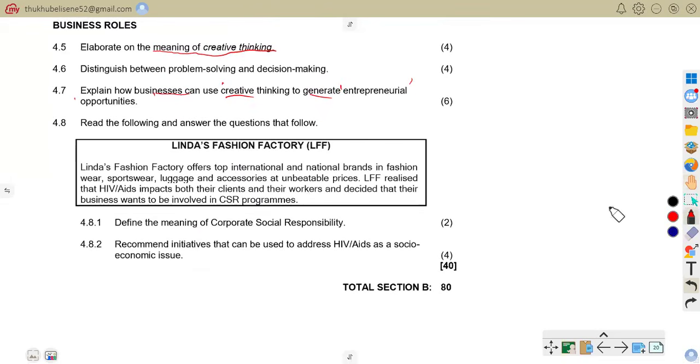They can do that by making sure that they develop innovative solutions, by all means trying to develop innovative solutions through brainstorming, ideation sessions, design thinking, prototyping, and collaborating with diverse stakeholders.